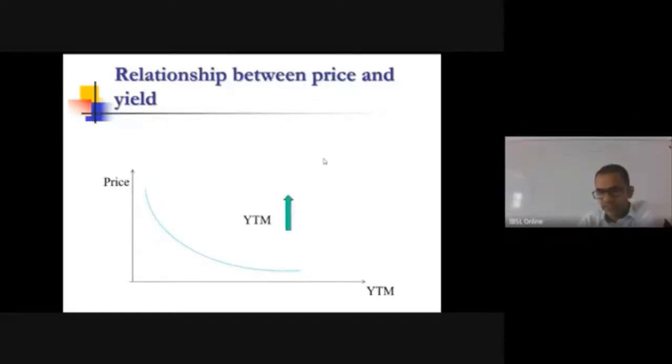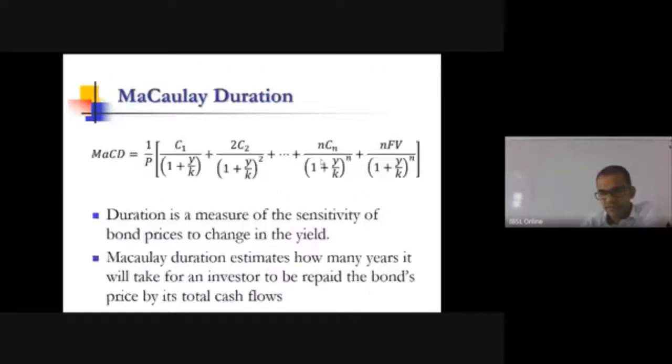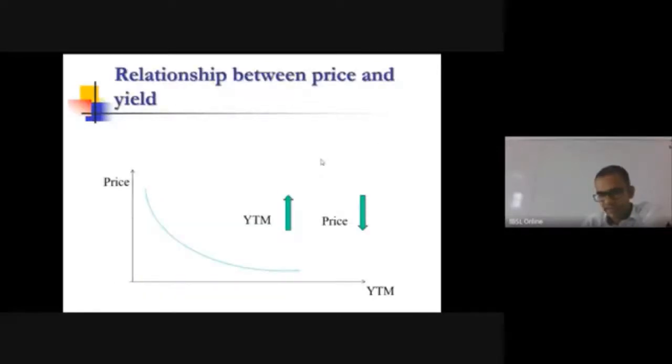When yield to maturity increases, price decreases, or when yield to maturity decreases, price increases. And it's not a one-to-one or linear relationship. It's a curve. Basically, we call it a convex curve.